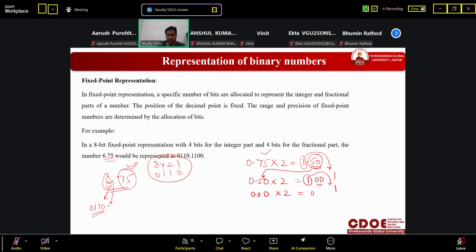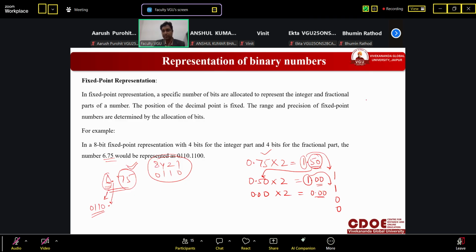The answer will be 0.00. Why am I writing like this? Because we have to write in 4-bit. So finally we will have 0 and 0, and we will just expand up to 4-bit at least.